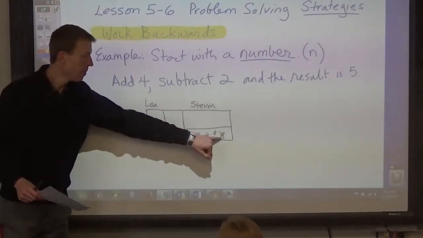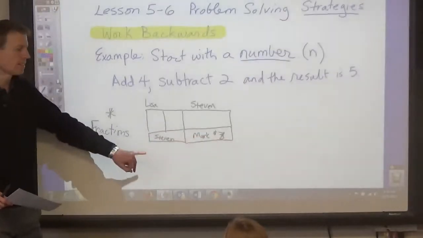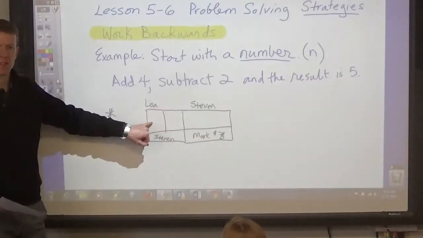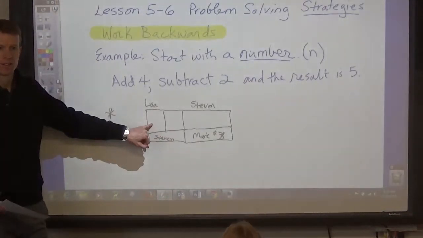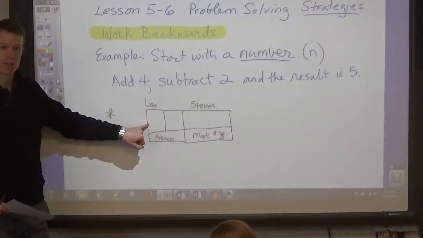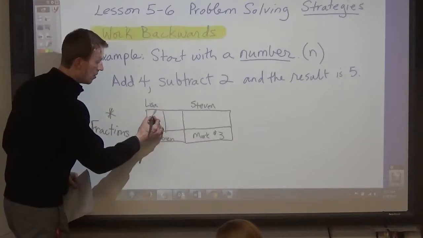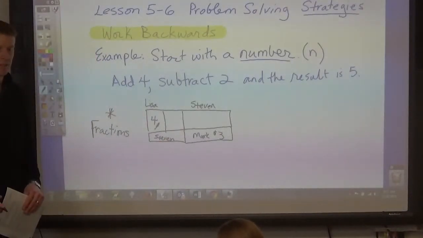If this remaining amount is $3, and that's $1 less than Lisa's share, what can we put in this box right here? Kaden? Oh, 2. No, $1 less than Lisa's. $3 is $1 less than Lisa's share. Oh, 4. So $4. I thought 1 less than Mark. Yeah. So this is $4.